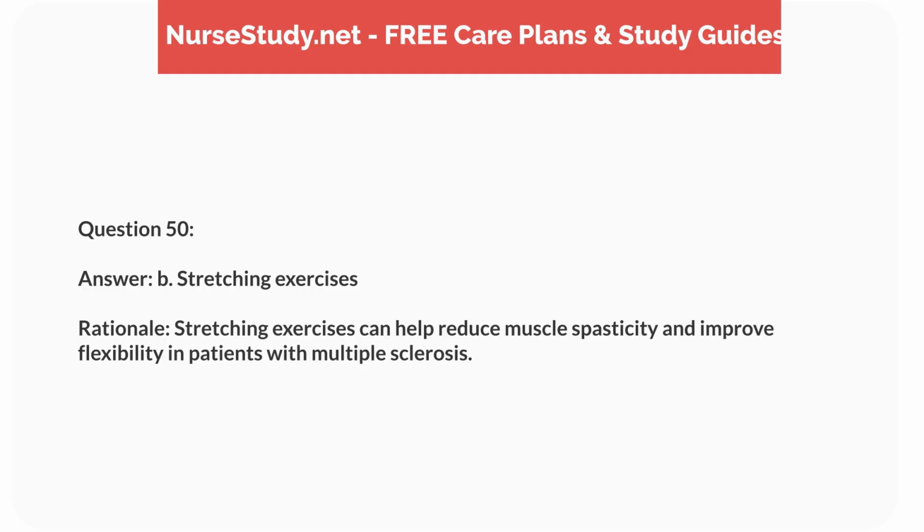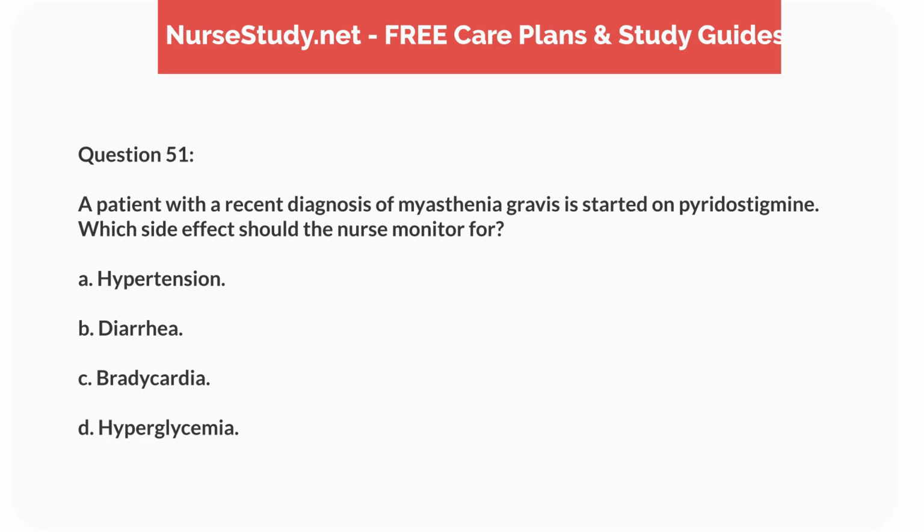Stretching exercises. Rationale: stretching exercises can help reduce muscle spasticity and improve flexibility in patients with multiple sclerosis. Question 51. A patient with a recent diagnosis of myasthenia gravis is started on pyridostigmine. Which side effect should the nurse monitor for? A. Hypertension.